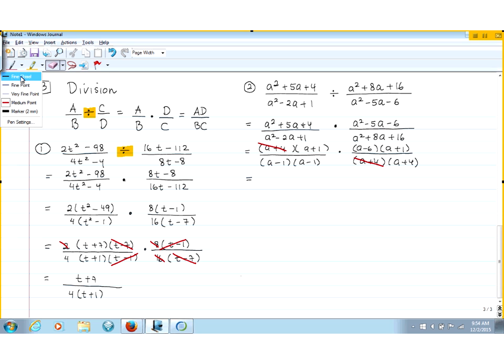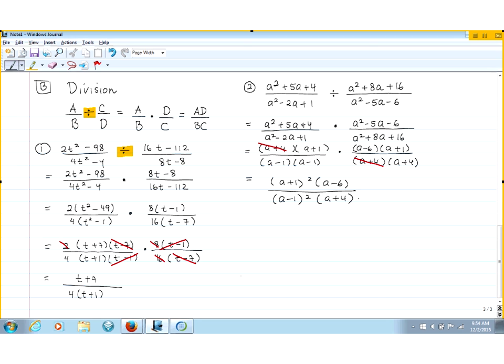Okay, so what cancels? That's it on the a plus 4? Yes. So what do we have on top? A plus 1 squared times a minus 6. What do we have on the bottom? A minus 1 squared times a plus 4. Well, if nothing else cancels, then this is what we have. Yeah. Good.